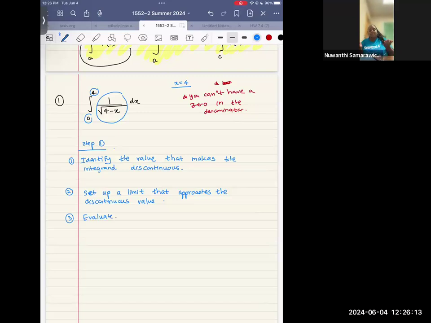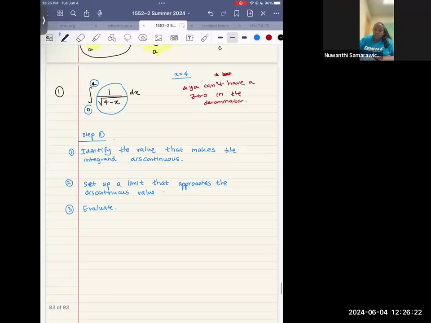So the first step is you need to identify in which value this function is discontinuous. In this example, that point is x is equal to 4. At x is equal to 4, this function is discontinuous.